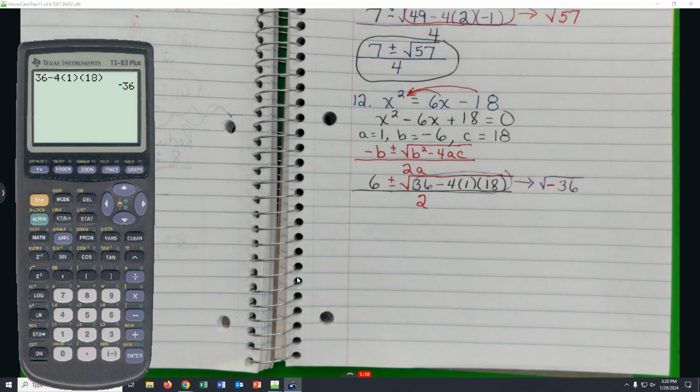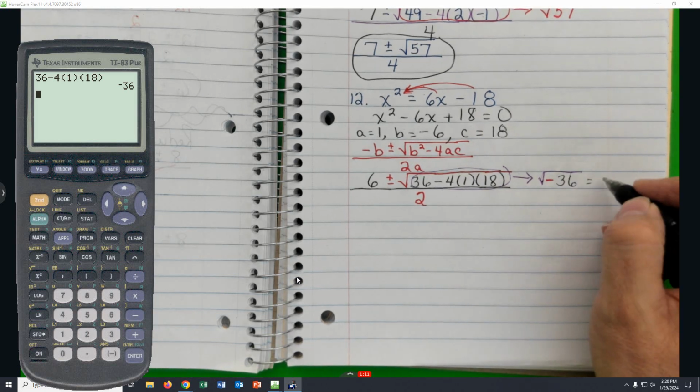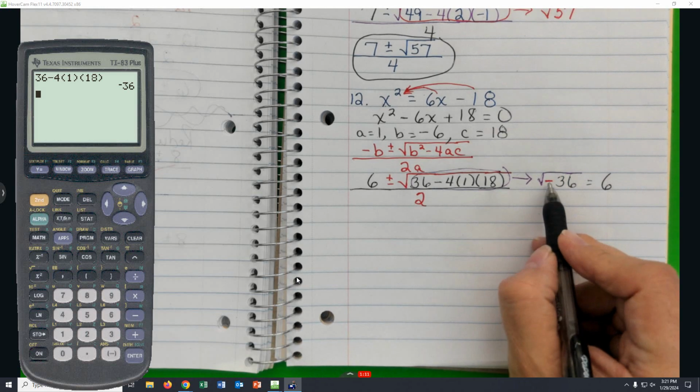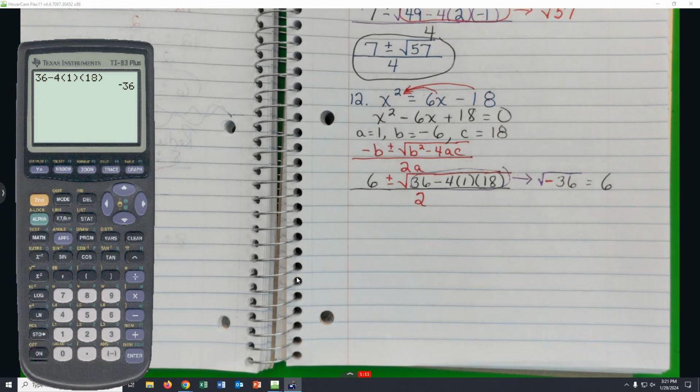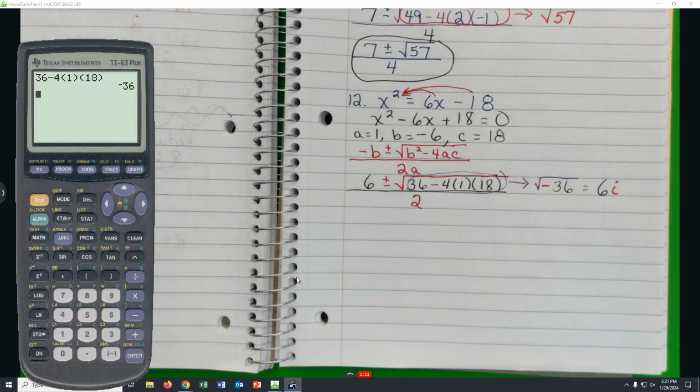Can I reduce that? The square root of 36 is 6. What am I going to do with that red negative? The square root of 36 is 6. Because we have a negative sign under the square root symbol, it's going to be an imaginary number.